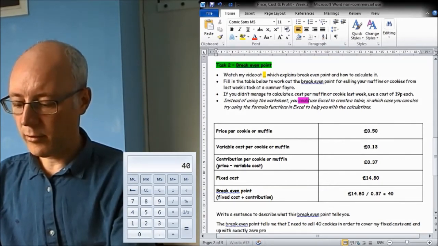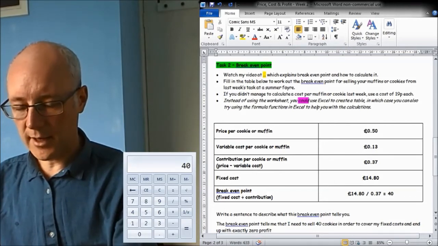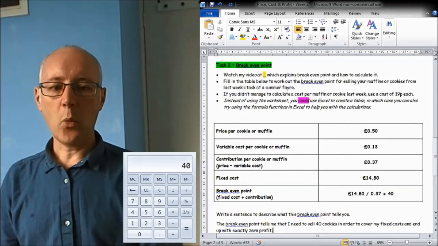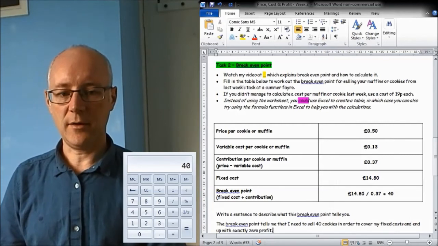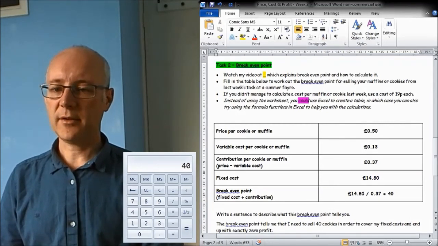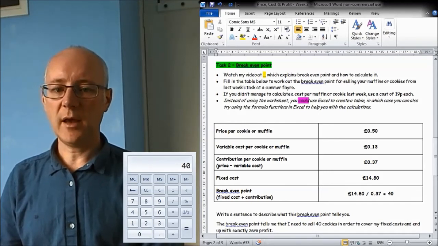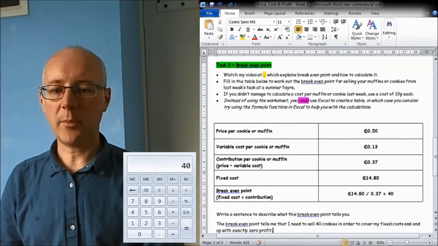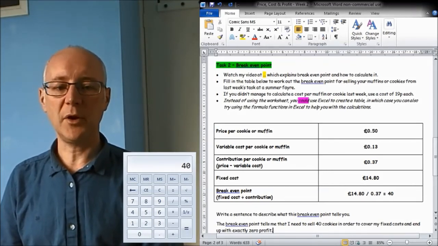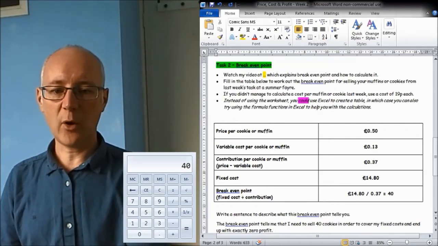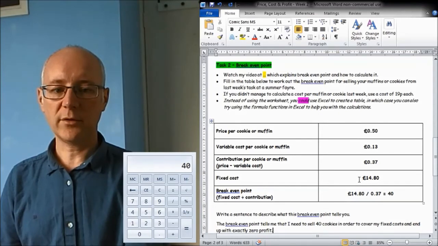0 profit. Okay, if I were to sell less than 40 cookies at this car boot sale or summer fair, then I would end up making a loss. Okay, I would end up not making profit. I would end up losing money on it because I wouldn't have covered the £14.80 with all the money that I get from selling cookies.